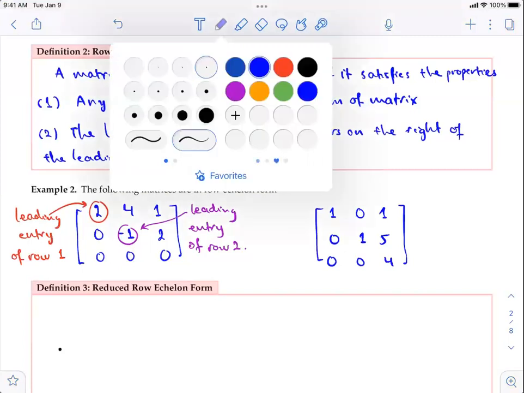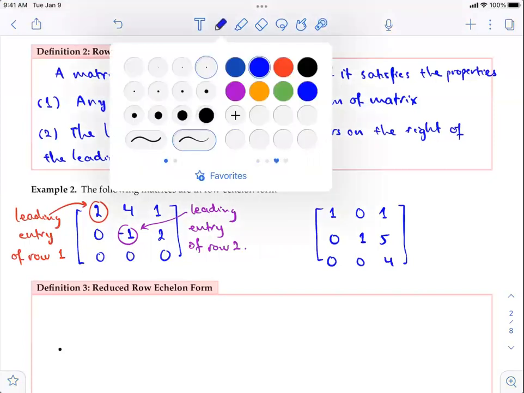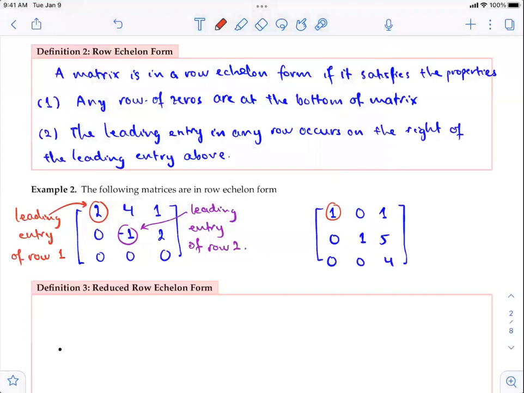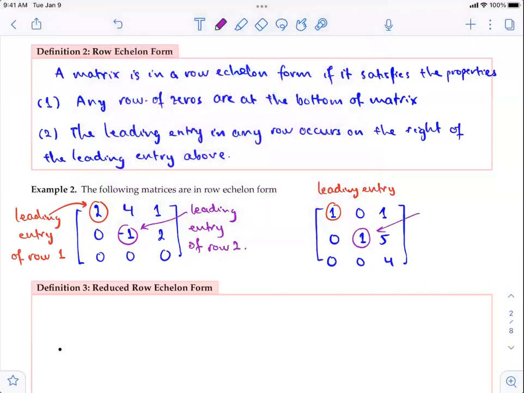We have 3 rows in this case, and in row 1 you have the leading entry 1. In the second row, the leading entry is on the right of the one above it.